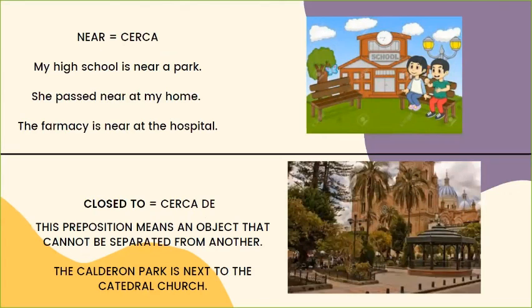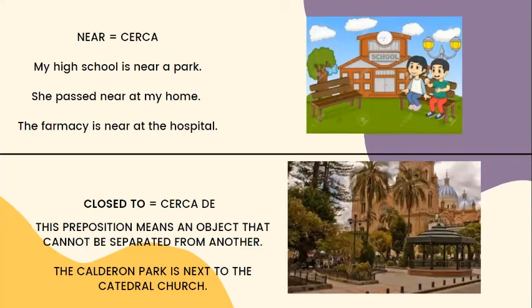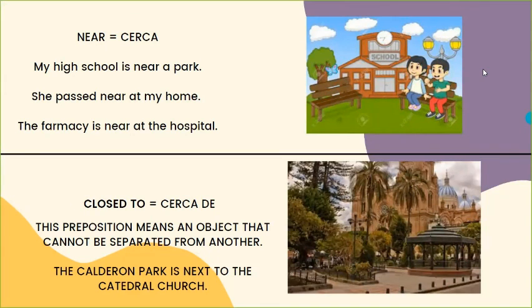Near signifies cerca. Examples: my kid's school is near a park. She passed near my home. The pharmacy is near the hospital. Close to, cerca de. This preposition means an object that cannot be separated from another. Example: the Calderon Park is next to the Cathedral Church.